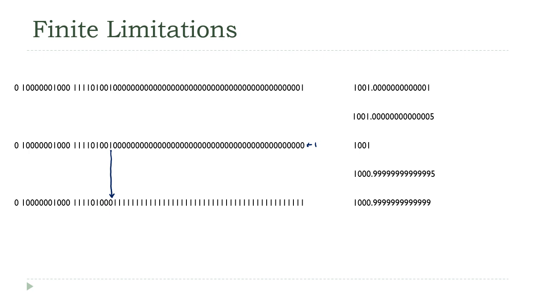I averaged 1001 with the zeros and the one, and 1001, and I got this value, and I averaged 1001, 1000, and all these nines, and I got this value. What happens if we pass one of those numbers in? The computer's got to do something. It can't just throw an error anytime I happen to hit a number that isn't a machine number, because there are lots of numbers that aren't machine numbers. So what does it do?